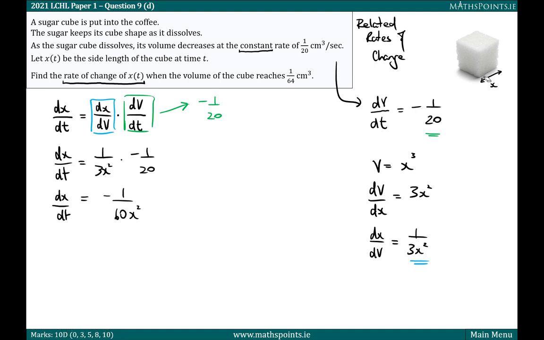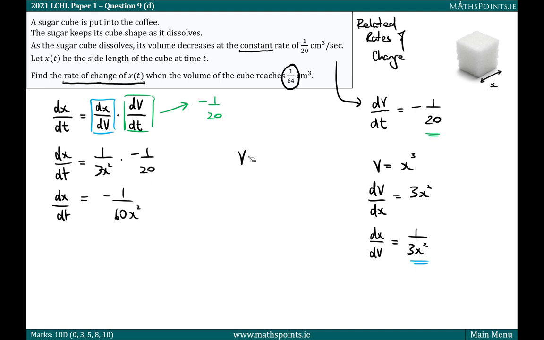We're interested in the rate of change of the side when the cube is 1 over 64 centimeters cubed. Now the question is, what is the side length that would give a volume of 1 over 64 centimeters cubed? We need to find that side length because that's the particular instant that we want this rate of change. So it's pretty easy to do.